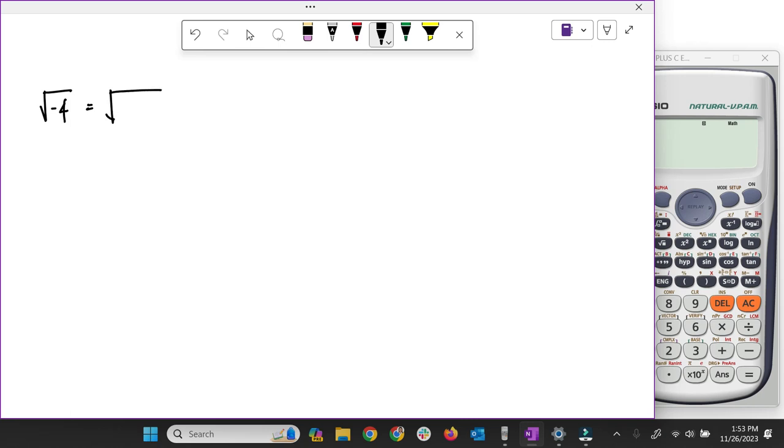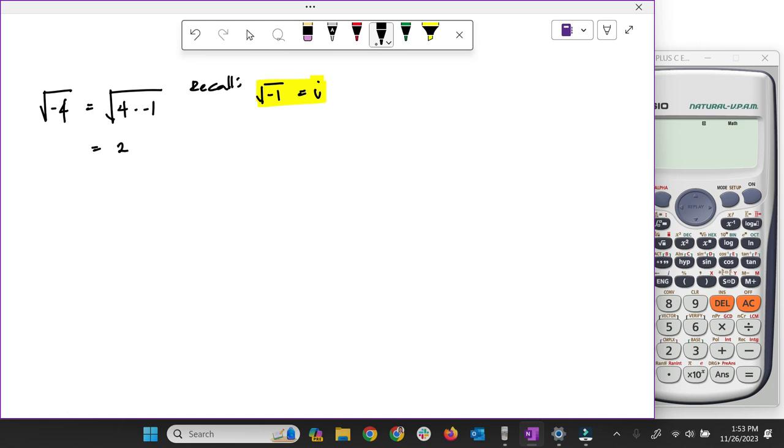So, di ba, si 4, ihiwalay ko siya kay -1. And di ba, recall that the square root of -1 is equal to i, or the imaginary number itself. So, kapag natandaan mo to, masasagutan mo yan. So, with that, I'll simply get the square root of 4, which is positive and negative 2.